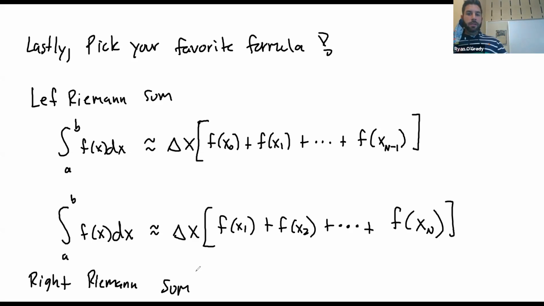But part of the reason these are inaccurate is because if we're using rectangles, the way that these rectangles approximate a region, there's lots of room for error. And so one of the ways that you hope you might nullify that error is instead of using the left or the right of each subinterval, you choose the middle. And that's called the midpoint rule.